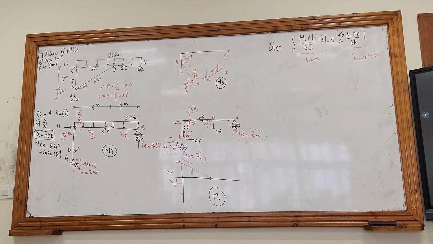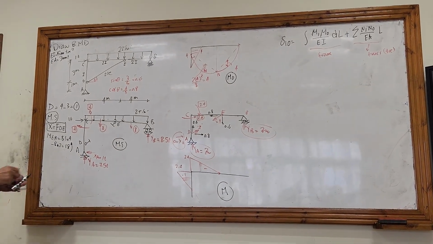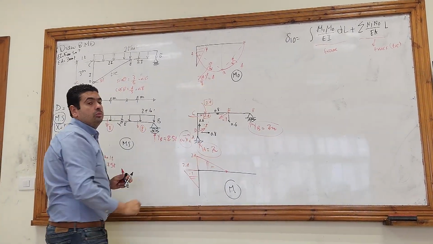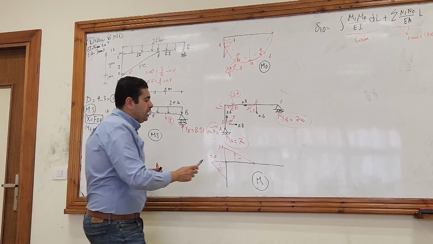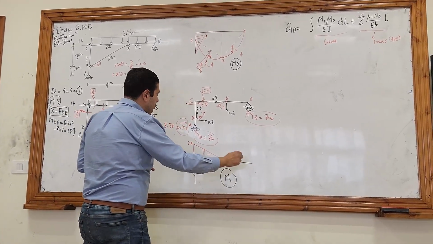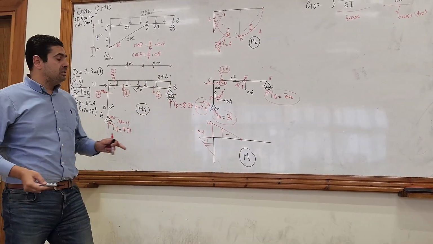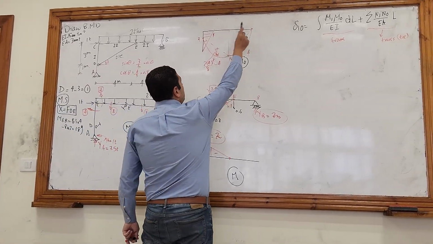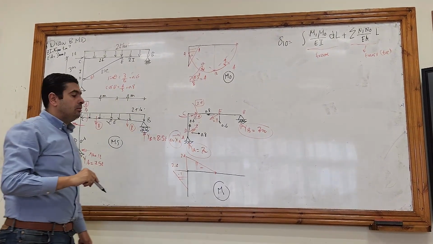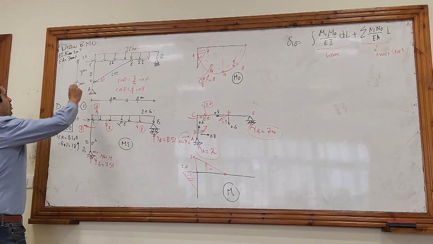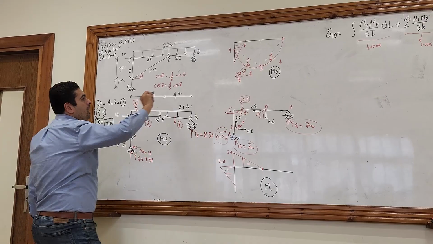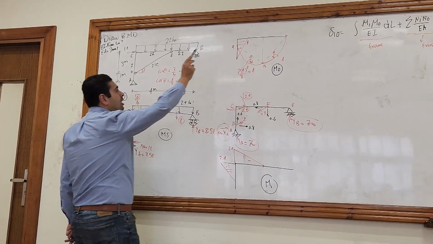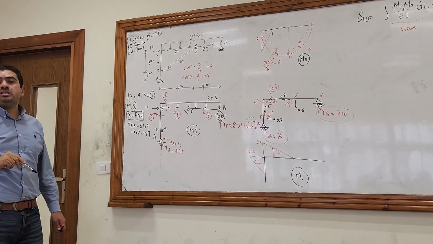Let's start with the integration of M1 with M node. Here, for the part EB, no moment in M1, so the part EB will be neglected. Take care, for the part CA, I was drawing a triangle, a whole triangle for the whole member CA.